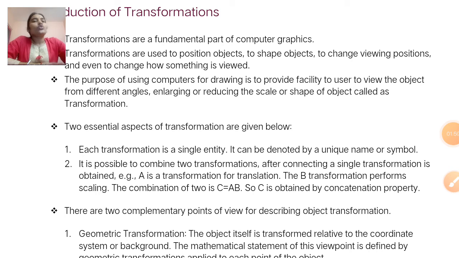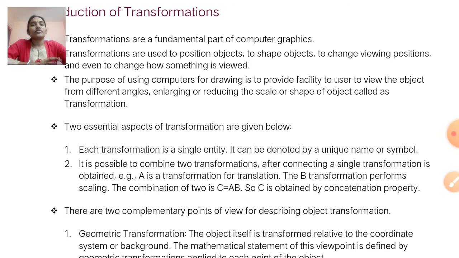Two essential aspects of transformation are given below. First, each transformation is a single entity. It can be denoted by a unique name or symbol. Second, it is possible to combine two transformations so that a single transformation is obtained.